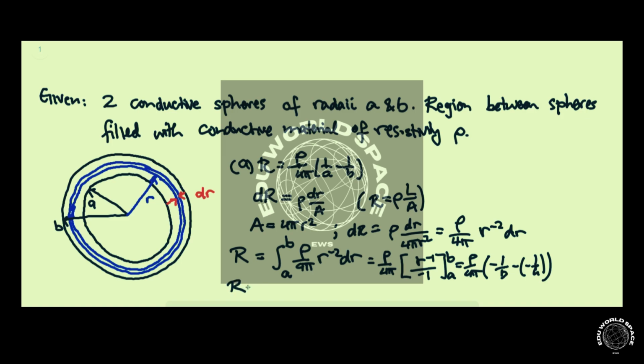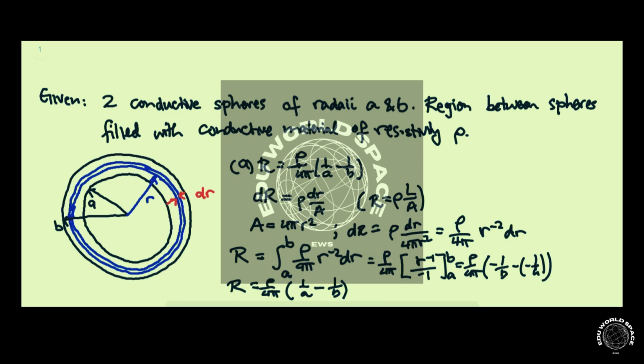So R is ρ over 4π times (1 over A minus 1 over B), which is actually the result that's desired.